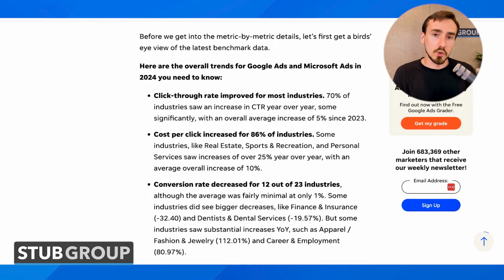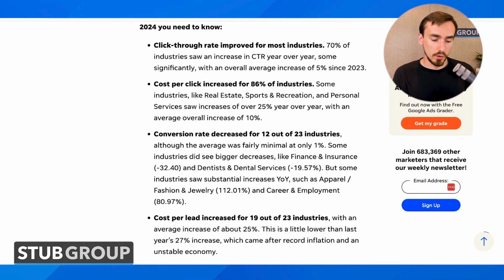We also see conversion rates decreasing, according to Wordstream's reports, for about half or so of the industries they looked at. Now, this, I think, is one of the things that could be most skewed whenever you look at benchmark data across many accounts, because it's up to every advertiser to decide what they call a conversion. One advertiser might say, hey, someone got to my website, I'm tracking that as a conversion.